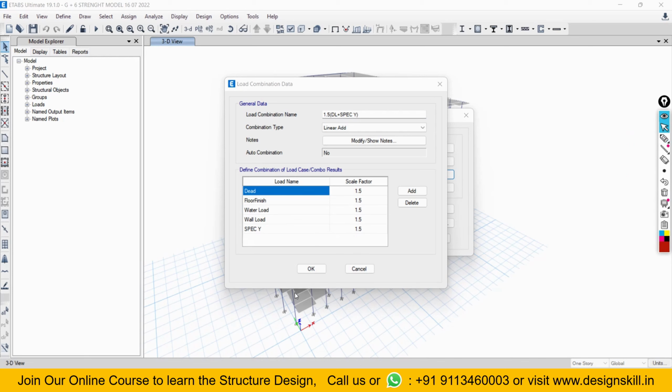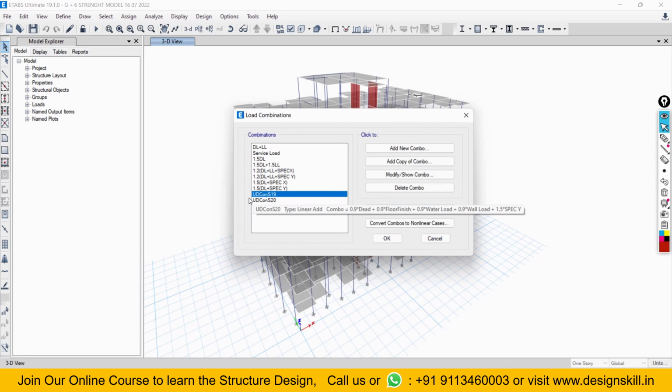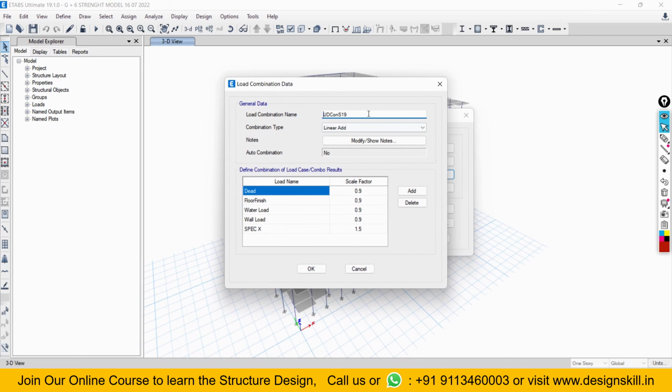Now you give it OK. Again select UDCON S19, modify this, and rename this with 0.9 dead load, then a plus sign with a factor of 1.5, and this will be a spec x, because this is a spec x with 1.5.